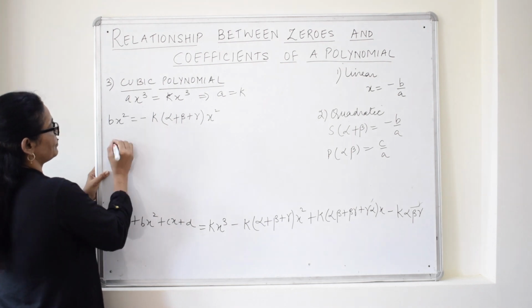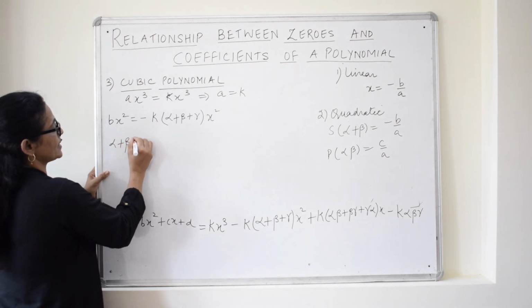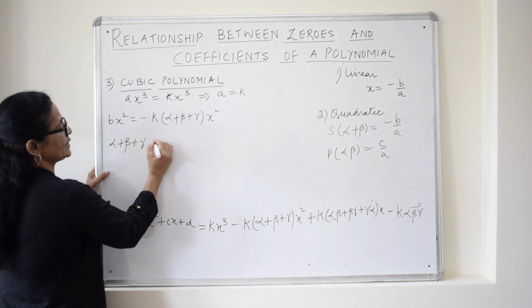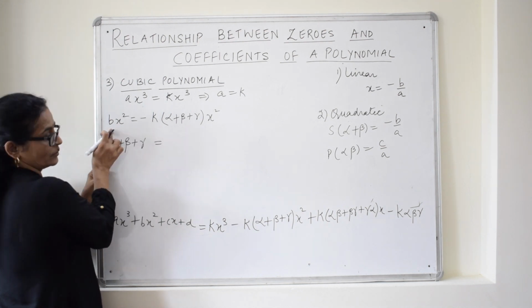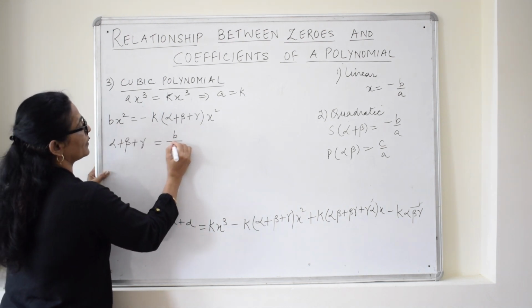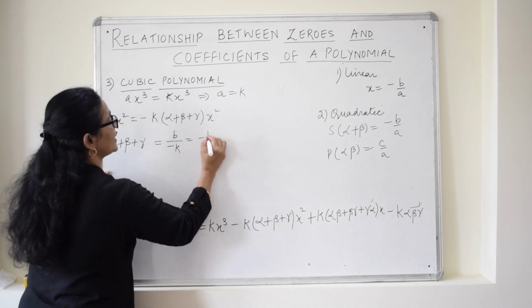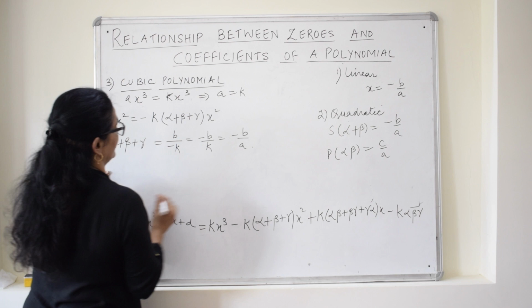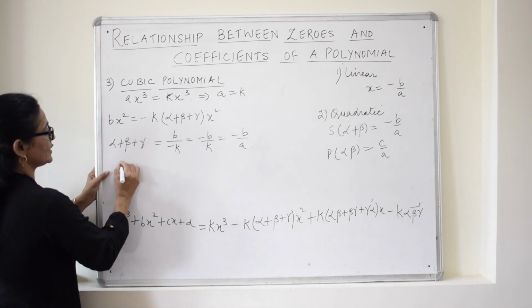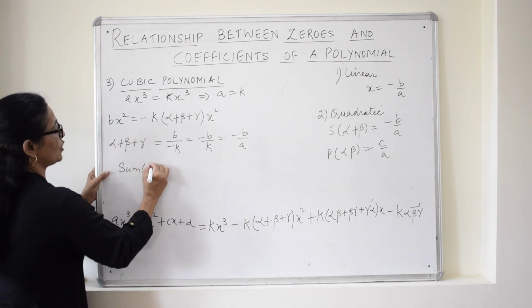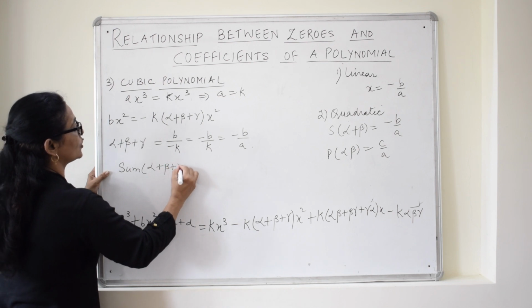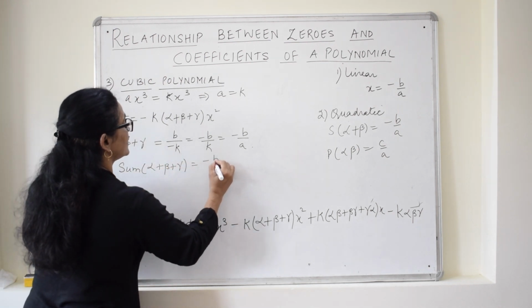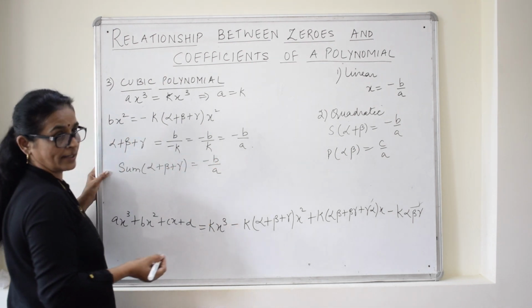So here alpha plus beta plus gamma is equal to, this k will go down. So b upon minus k, that is minus of b by k. So minus b upon a. So alpha plus beta plus gamma is the sum. So the sum of the zeros of a cubic polynomial is minus b upon a.